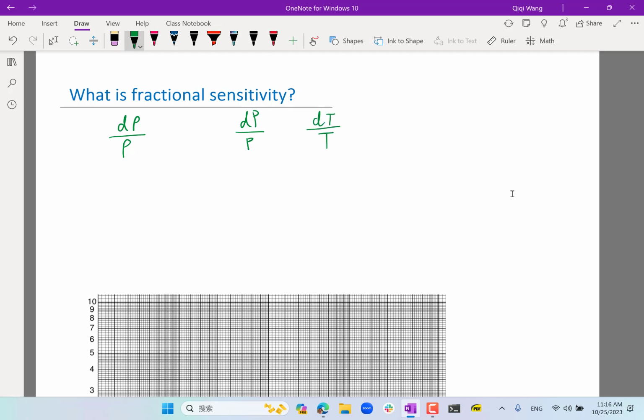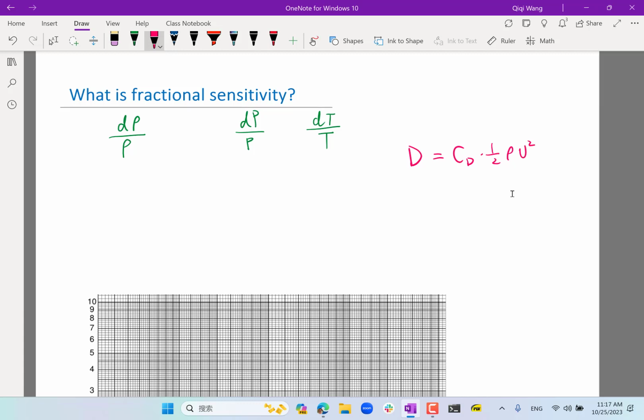The nice thing about fractional sensitivity is that if you can write the fractional sensitivity of something... So let's use a familiar example: the drag on any body. Let's say drag is equal to the drag coefficient times half rho v squared.